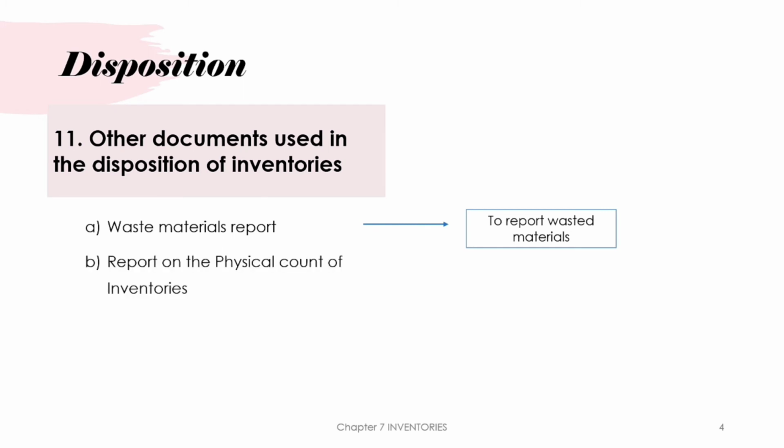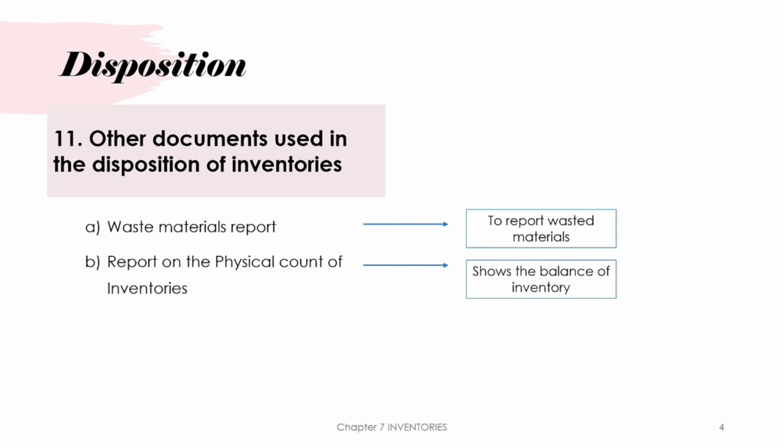Next, we have what we call the report on the physical count of inventories. So this is used in reporting the results of physical counts. It shows the balance of inventory as well as any shortages or overages.